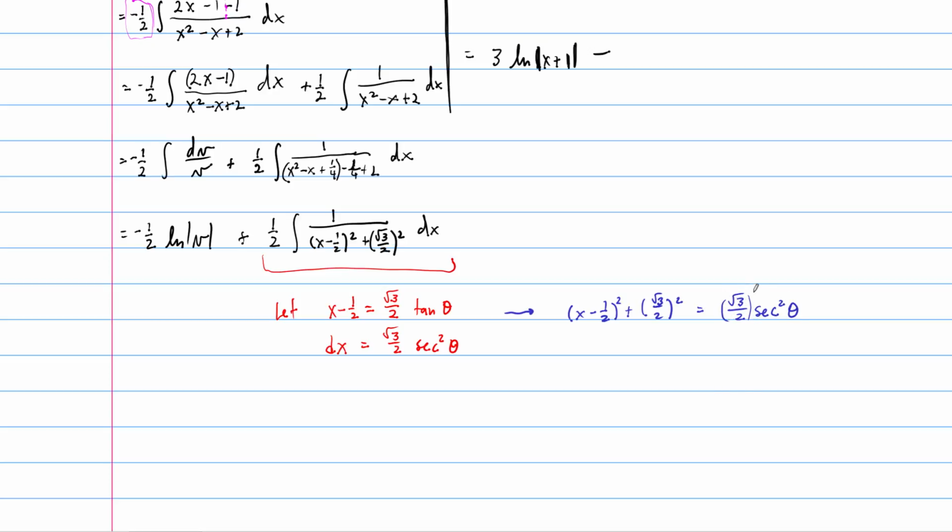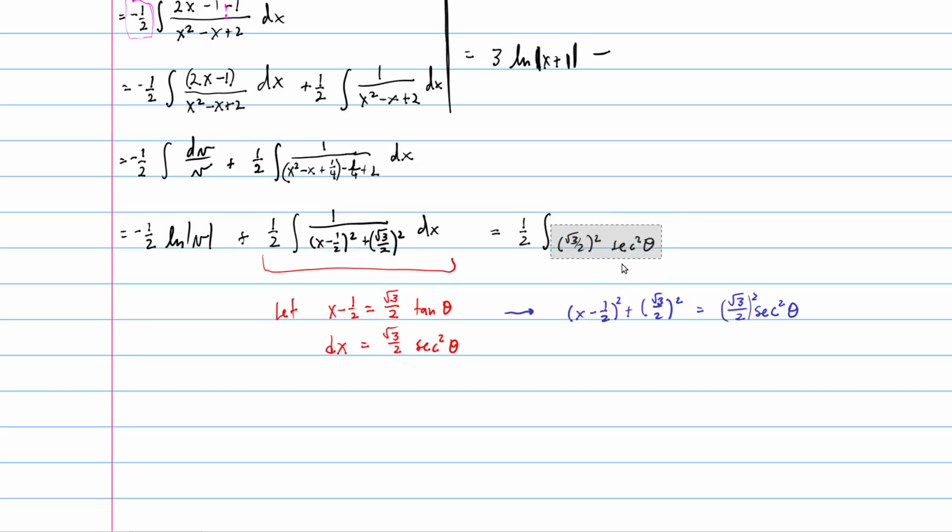So this term has to be squared as well, because this whole thing is root 3 over 2 tangent theta squared plus root 3 over 2 squared. So anyway, that's right. So there we go. So now our integral becomes, on this one, just this portion right here, the red portion, this becomes 1/2 integral, this is root 3 over 2 squared secant squared theta, that's in the denominator.